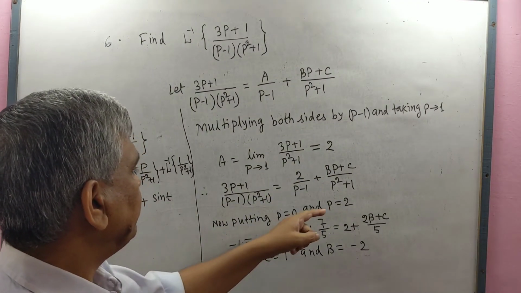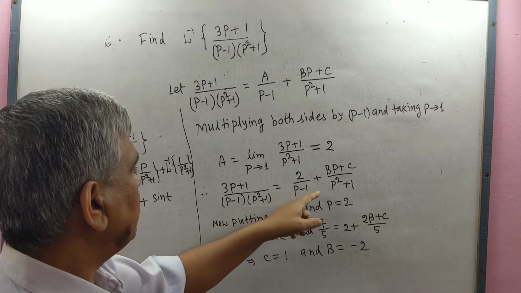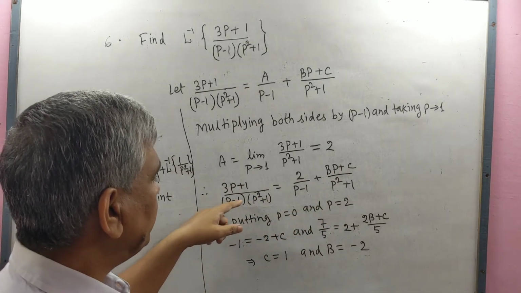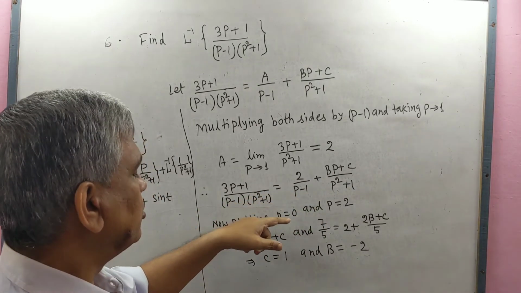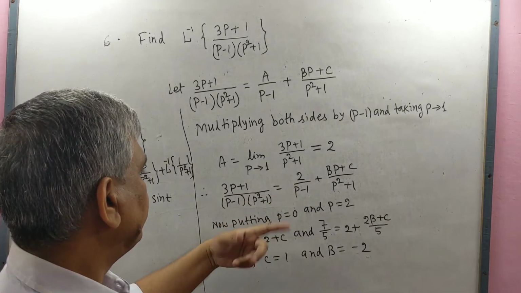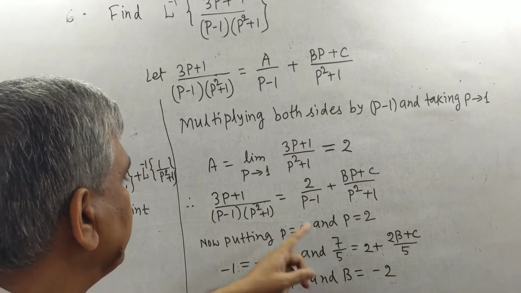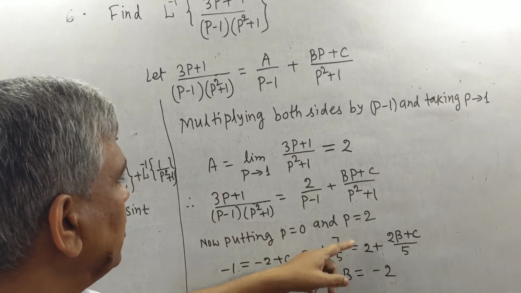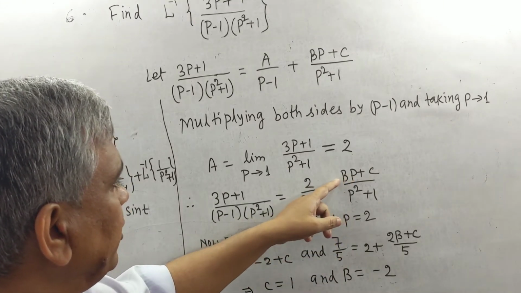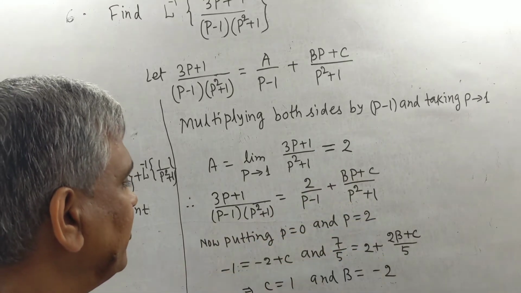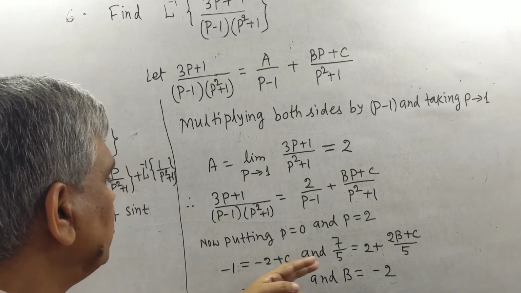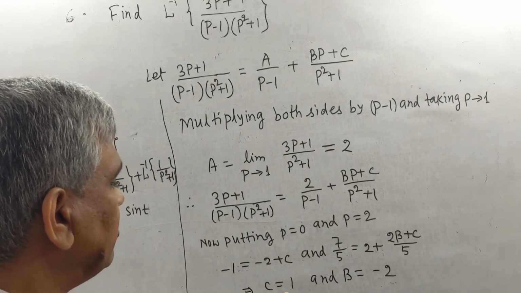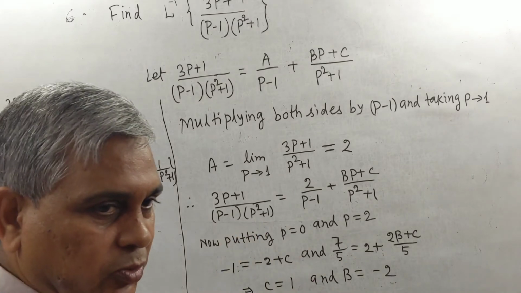And putting p equal to 2, it also does not make any denominator 0. So we put p equal to 2, we get the value of this is 7 by 5, this is 2 and this is 2b plus c by 5. From these two equations we may find c equal to 1 and b equal to minus 2.